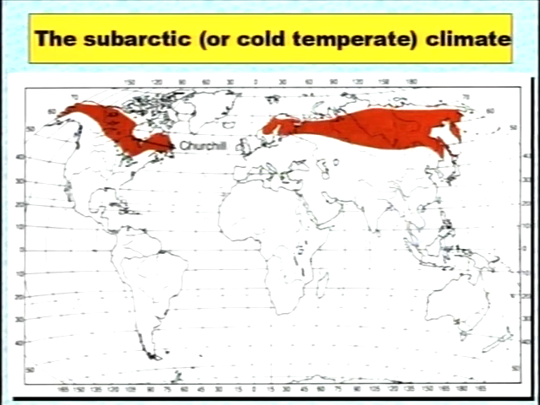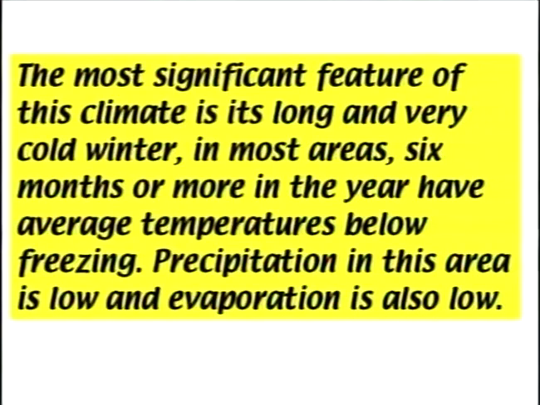Let's move on to some more important information about this type of climate. The most significant feature of the subarctic or cold temperate climate is its long and very cold winter. In most areas, 6 months or more in the year have an average temperature below freezing.